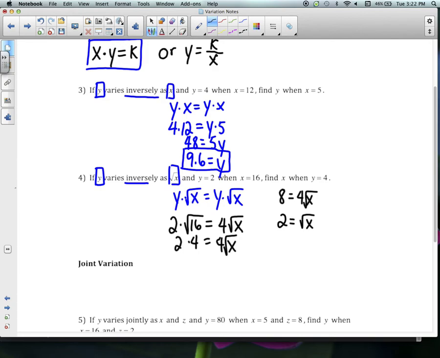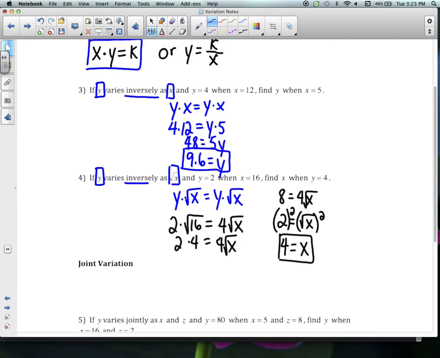Forgot the square root there for a second, so hopefully you'll get a chance to fix copying that. Now we end up getting 2 is equal to the square root of x. To finish solving, you're going to want to square both sides. And you can always check these like any other equation by plugging back in.